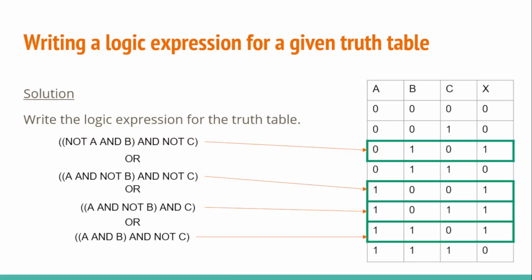Now, again, we have B and C to be 0, and these 2 inputs violate the rule of AND gates. In that case, we need to convert these 2 inputs to 1 using the NOT gate.